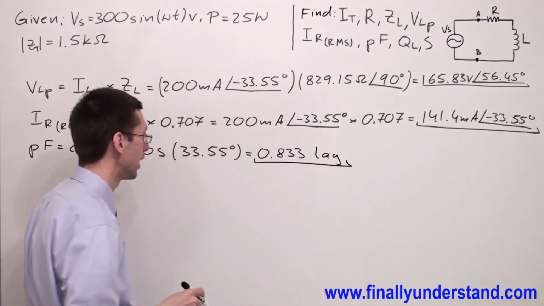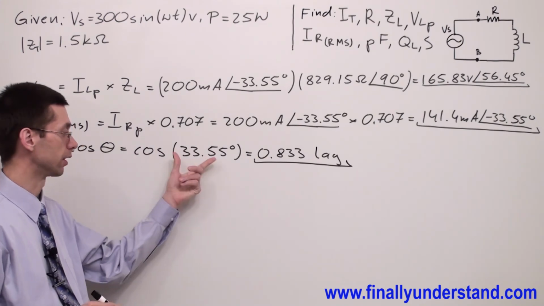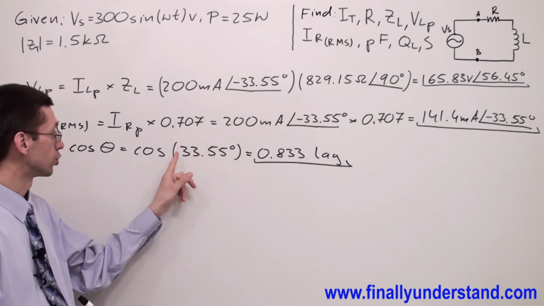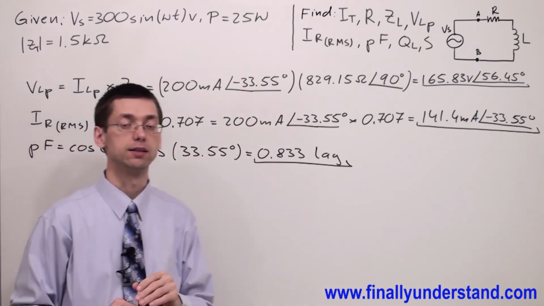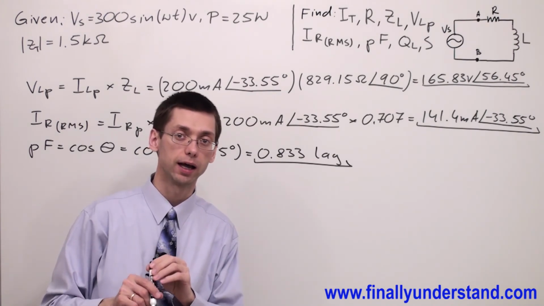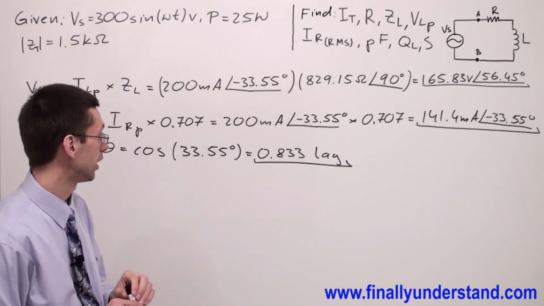Please keep in mind, anytime you have positive angle next to Z total, it means that the current in the circuit is going to lag the voltage source by certain angle.